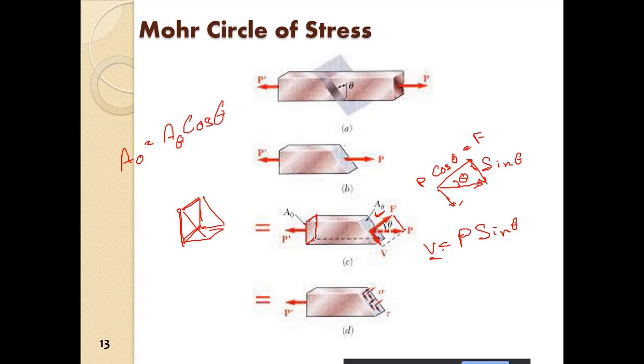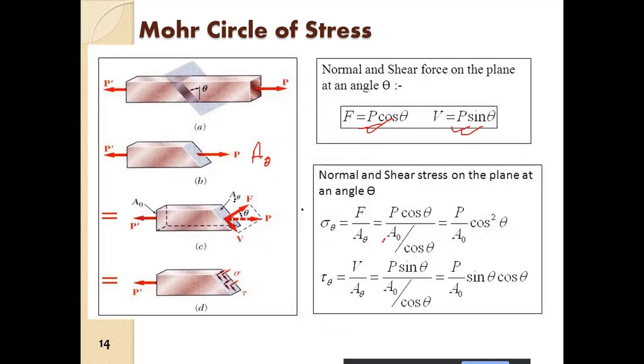We have discussed this yesterday as well. So ultimately we can say A theta is equal to A naught by cos of theta. So ultimately we have sigma theta equal to this value and tau theta equal to this value.